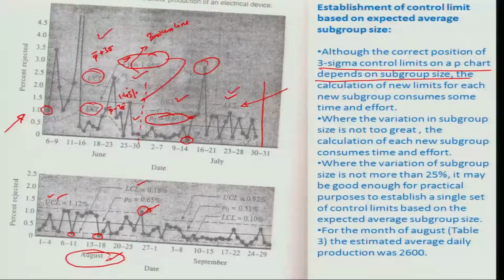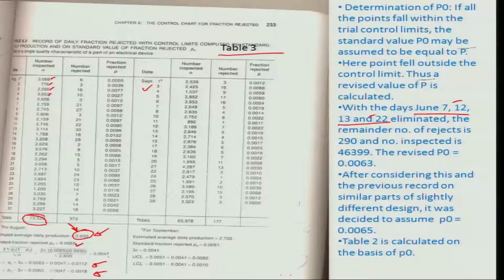Let us look at a table corresponding to which outliers these are. One of them, for example, is August 27th, where the total fraction defects have gone above the UCL of 0.0112, and this has gone to 0.0116.